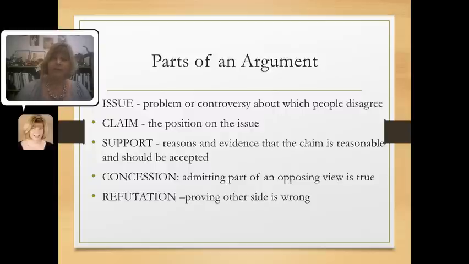Support is all of the reasons and evidence and details and examples that the author or you are providing in order to prove that this claim is reasonable and should be accepted. A concession is when you allow that maybe parts of an opposing viewpoint might be true, and refutation is coming out and proving exactly what parts of the other side are wrong or incorrect. Again, all using evidence.